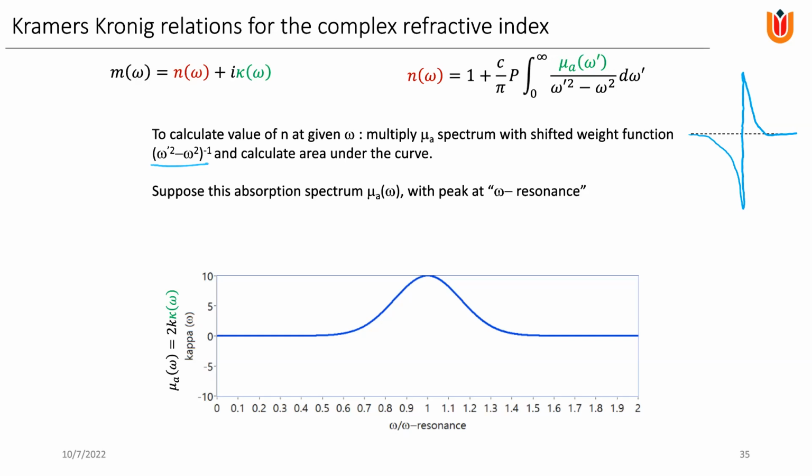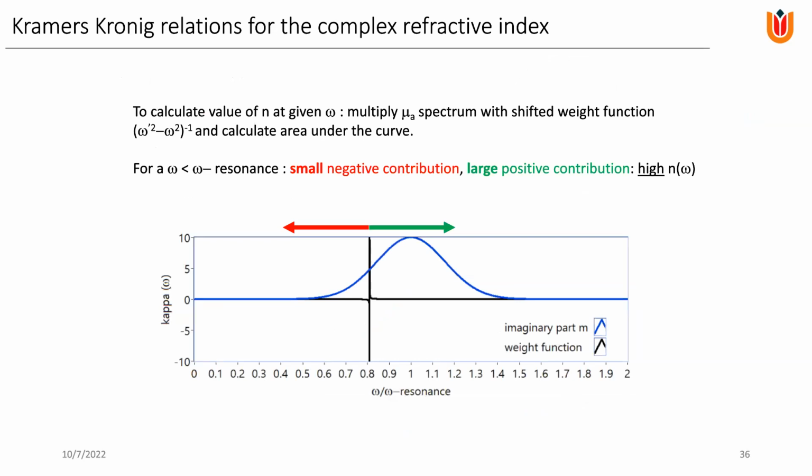So let's say we want to calculate it at a frequency that is less than the resonance frequency. Here's the absorption peak at ratio 1, and we want to calculate it here. The scale is a really zoomed in version of that function.